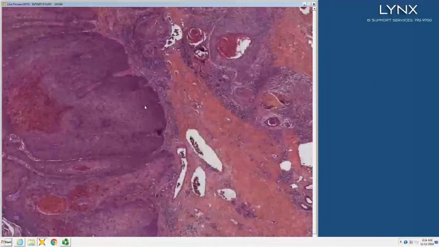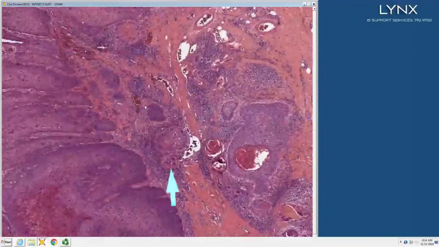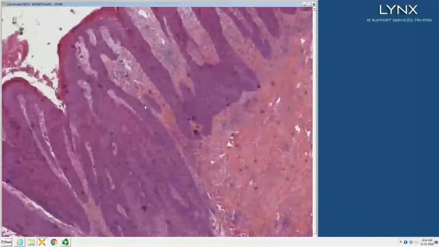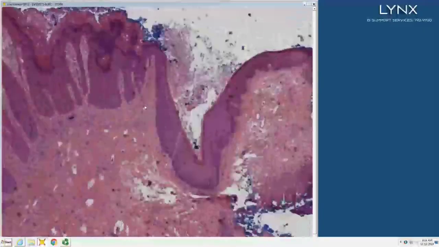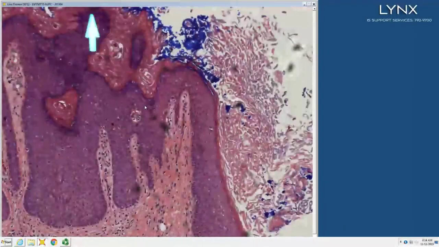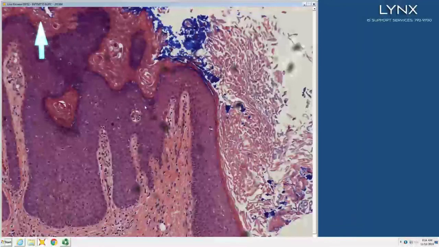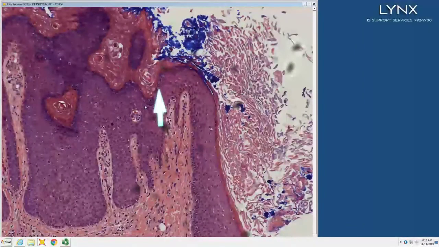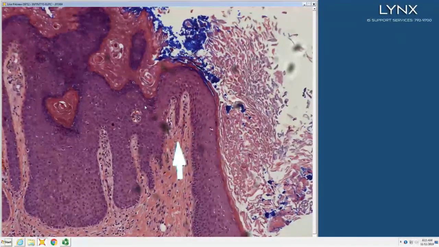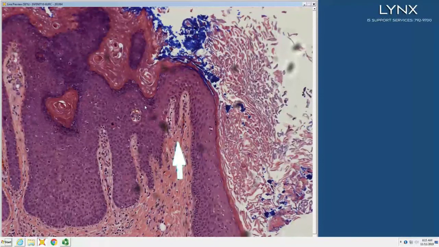So that looks Bowenoid, and this looks invasive, invasive squamous cell carcinoma. And then over to the far edge, you have coarse hypergranulosis, coarse basket weave. This is all HPV induced, right? So this is genitals, HPV induced Bowen's and squamous cell carcinoma.